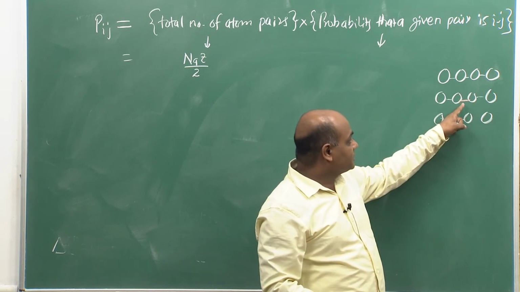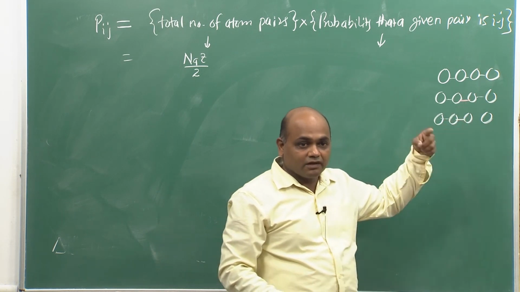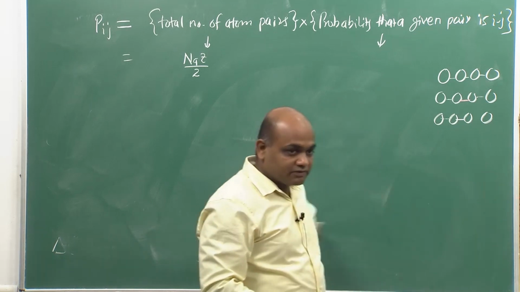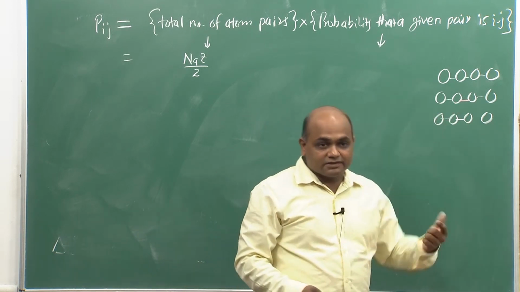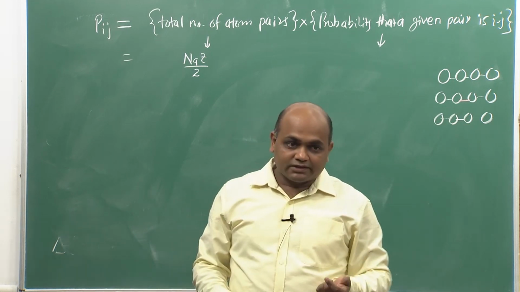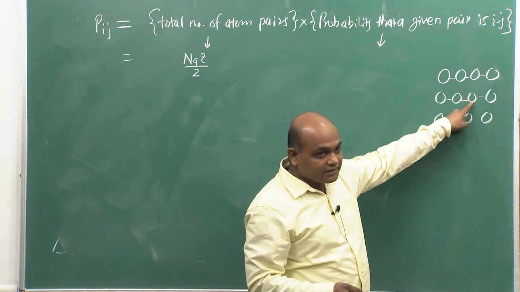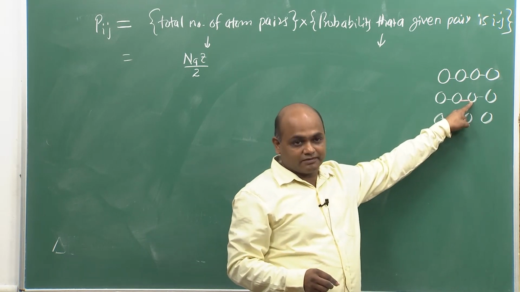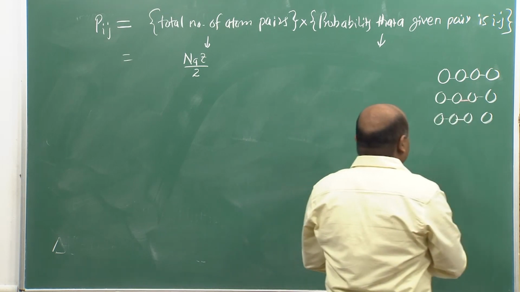So, what is the probability that the first atom is an I atom? If we consider random solution, which we are considering here, right, then the probability that a selected atom is nothing but the mole fraction of that atom, multiplied by the probability that the next atom is a J atom, which is Xj.